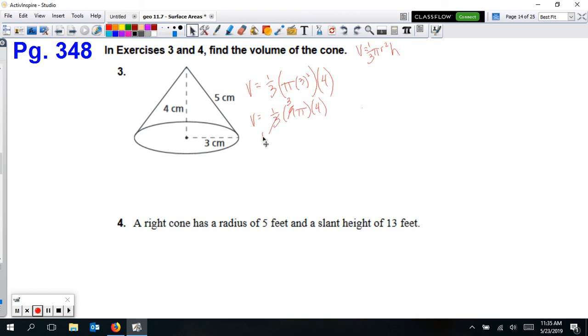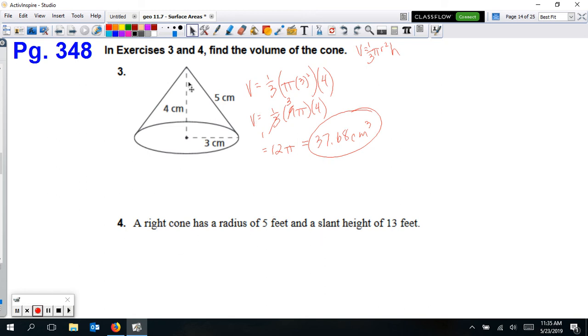And so now we have 3 pi times 4. That would give us 12 pi. And so now we multiply 12 times 3.14 on the calculator. We will end up with 37.68 centimeters cubed. And again, don't forget the 3 on your units this time, because we are trying to find the volume.